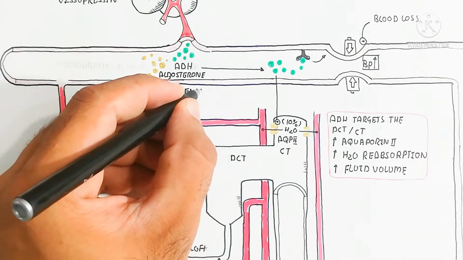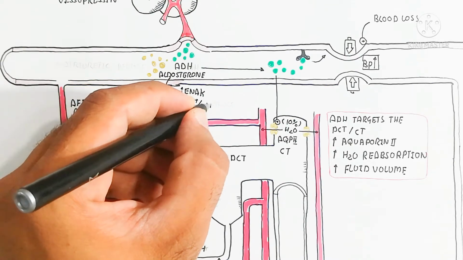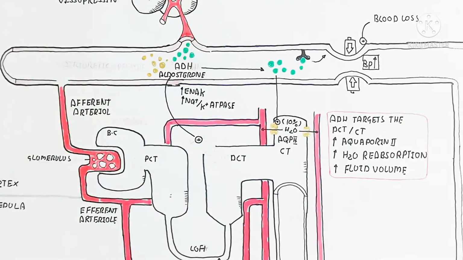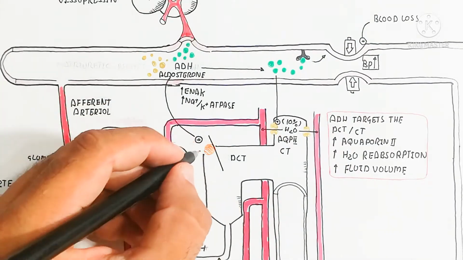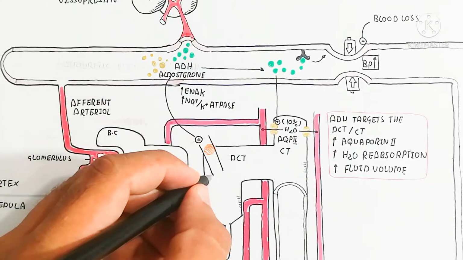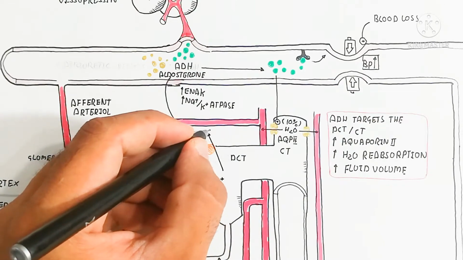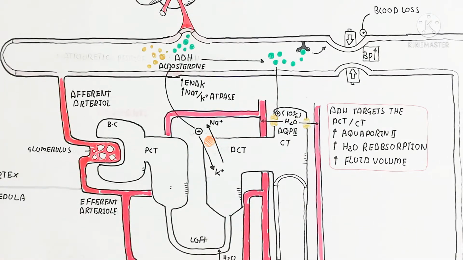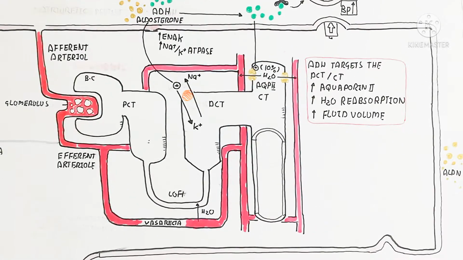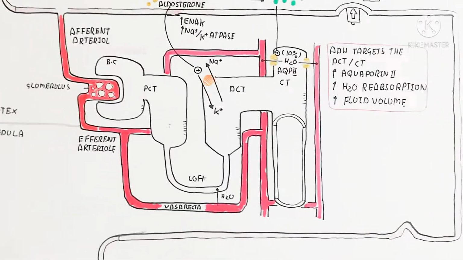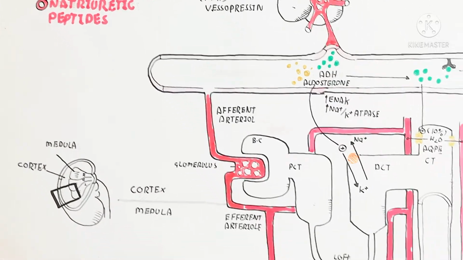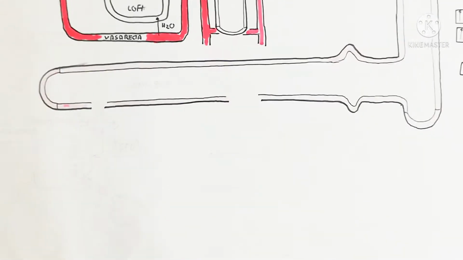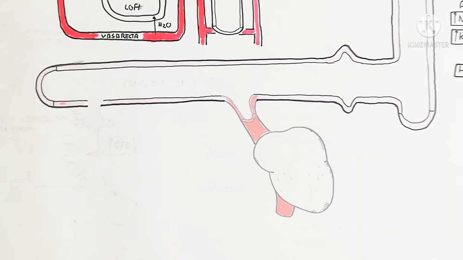In the same way, it will lead to ENaC production and increase of the ENaC and the sodium potassium ATPase pump, where ATP is used to increase the sodium uptake for the retention of sodium into the blood to increase the water, and the increase of water increases the blood pressure. So that is linked together.